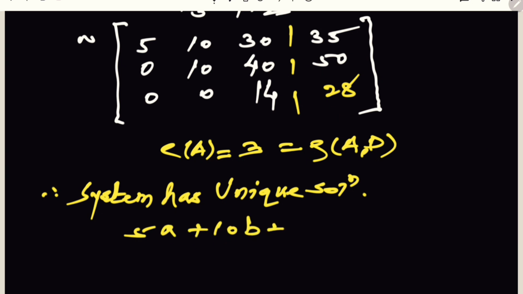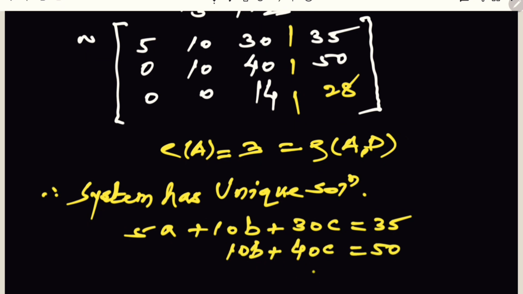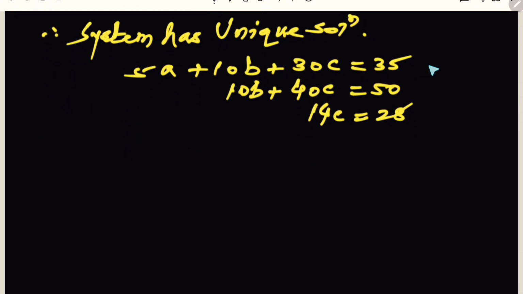And therefore to obtain that solution, once again we write down the equations as 5a plus 10b plus 30c is equal to 35, 0a plus 10b plus 40c is equal to 50, and third row 14c is equal to 28. Equations 1, 2 and 3.